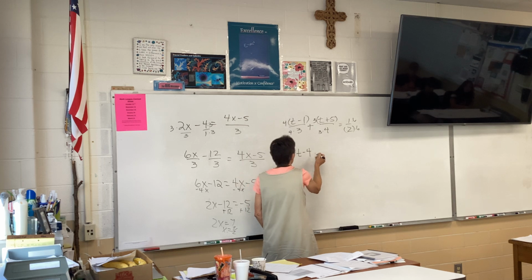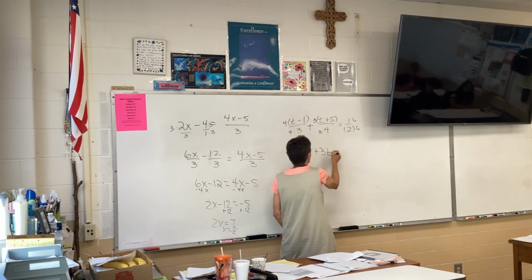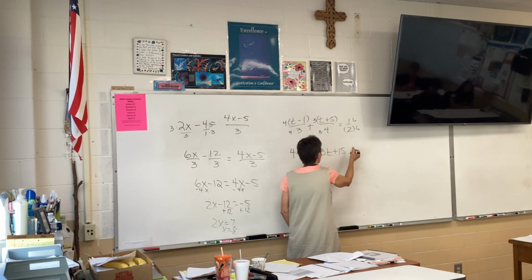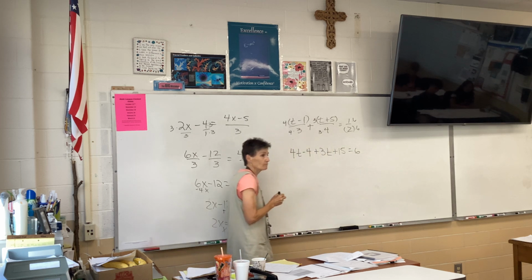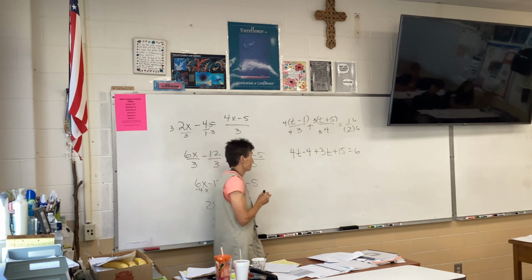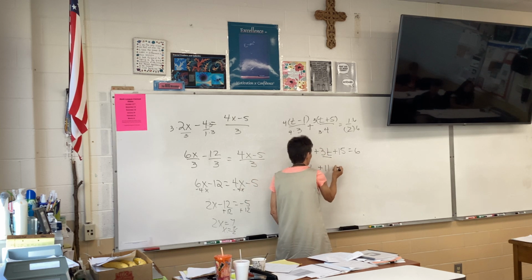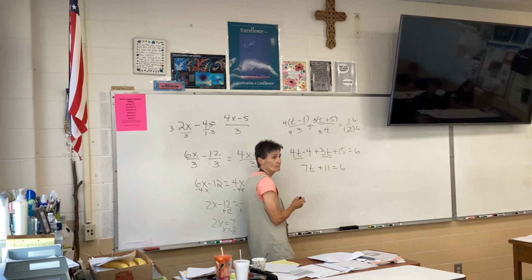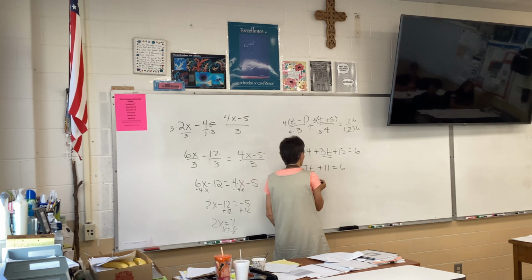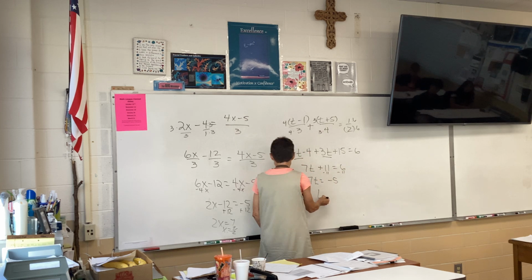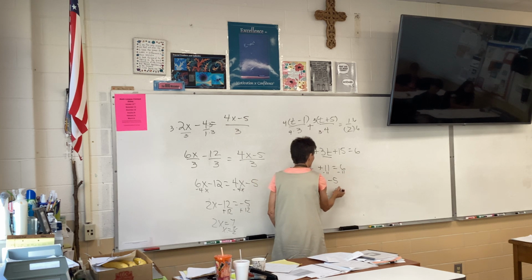4t minus 4 plus 3t plus 15 equals 6. 7t, I'm adding these, plus 11 equals 6. Yep. So 7t equals negative 5. And t equals negative 5/7.